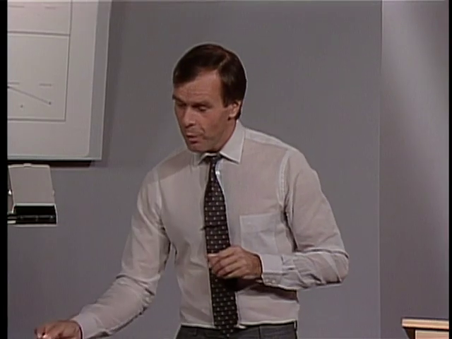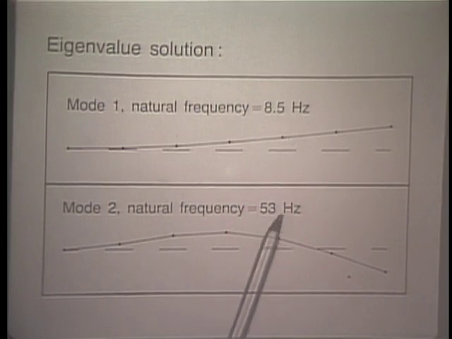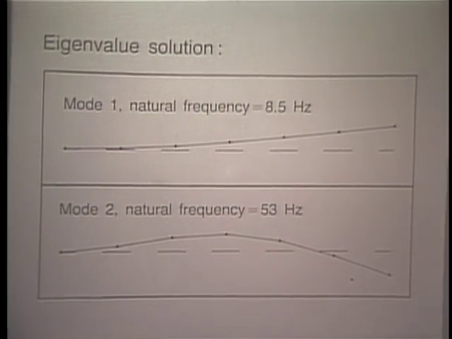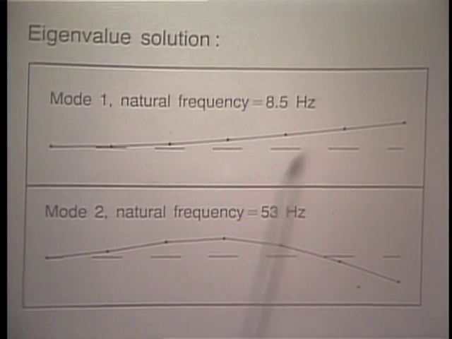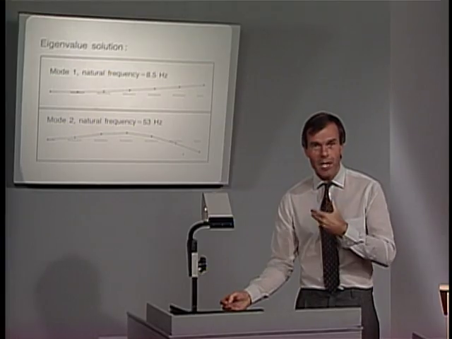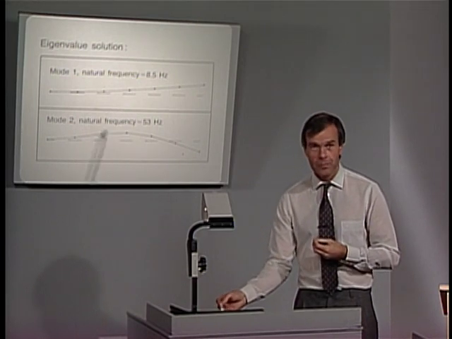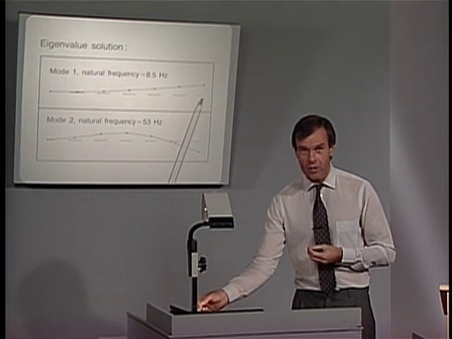If we perform the eigenvalue solution of the initial system, in other words, of the elastic pipe in the initial state, we obtain these natural frequencies, 8.5 Hertz and 53 Hertz. These are also the mode shapes. And of course, these frequencies will change as time progresses in the elastoplastic response, and also the mode shapes will change, particularly once the restraint is hit.